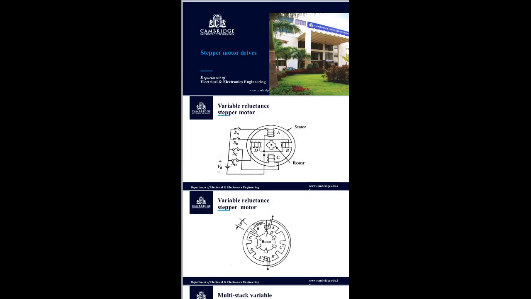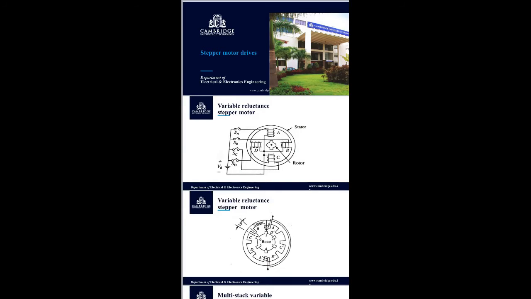As you can see in the first figure, the stator phases are excited in a definite sequence from a DC source with the help of semiconductor switches. Here in the figure, SA, SB, SC and SD represent the semiconductor switches.